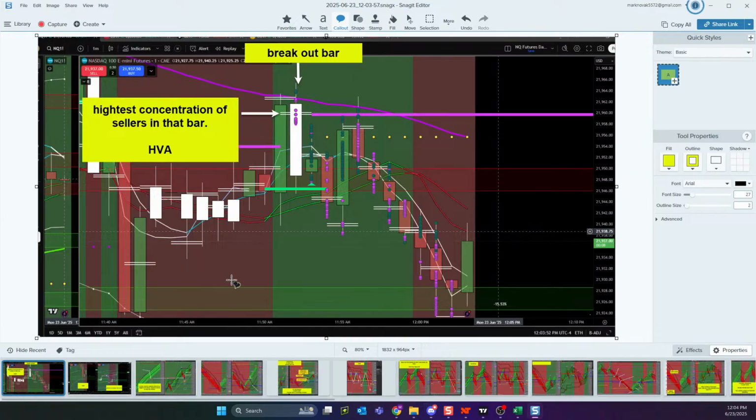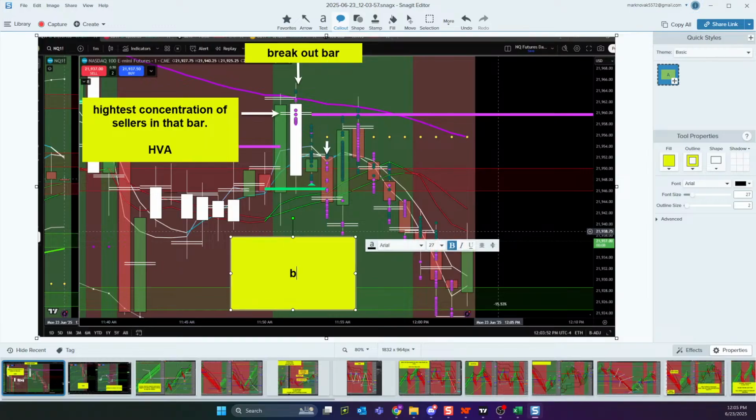That'll be great. So what happens, Claire, is first you get the breakout, and you can see where the high concentration is. The HVA line doesn't print until your breakout bar, so we'll call it the BOB. The breakout bar must be confirmed with a down bar.